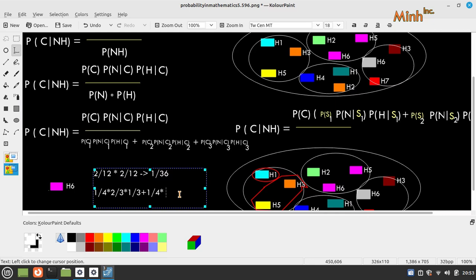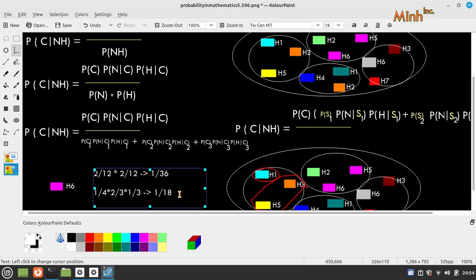So purple is not there anywhere else, so it would come to this much. If I proceed with this approach, then it would be 1 by 80.